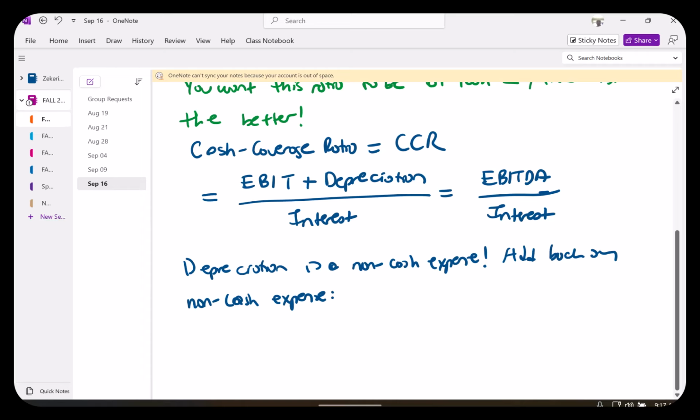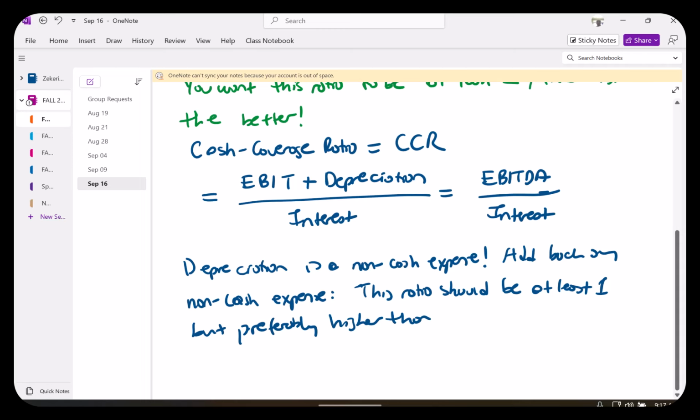And this ratio should be obviously at least 1, but preferably higher than 2.